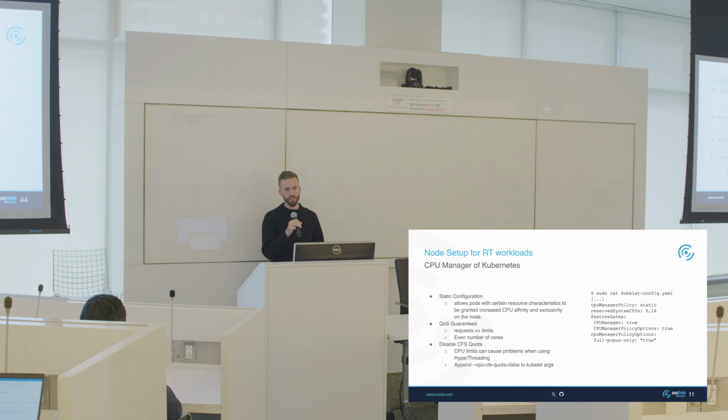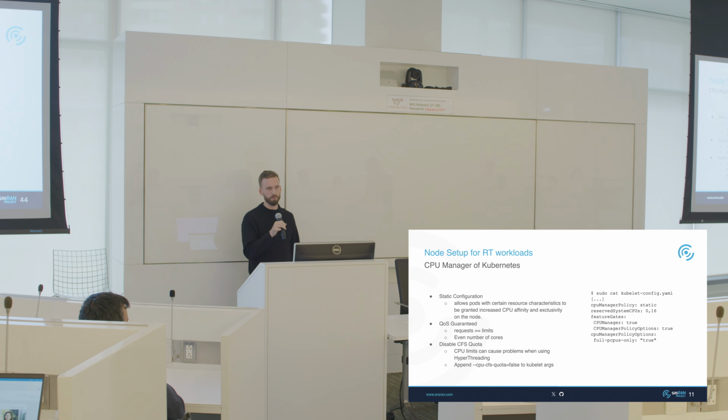For this configuration, it's important that you tell Kubernetes which are the CPUs reserved for the system, which is done by the reserved system CPU parameter here, 0-16, like the housekeeping group.